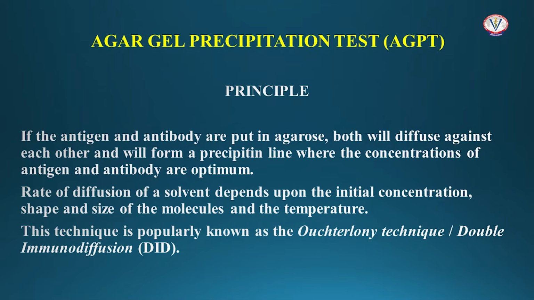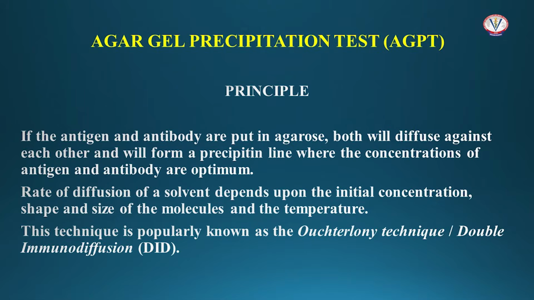This test is applied for routine demonstration of antigen in various diseases, and it is extensively used for demonstration of antibodies in serum samples too, for epidemiological studies or seroprevalence studies.